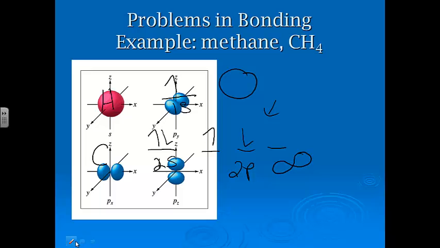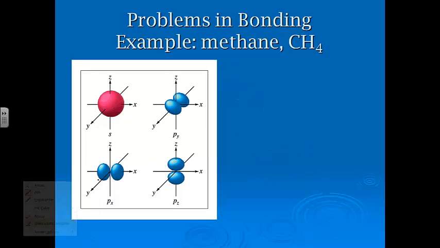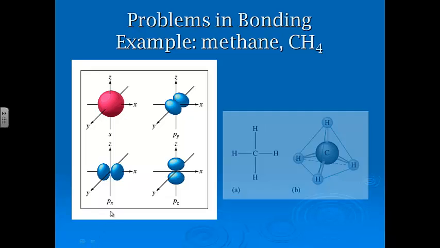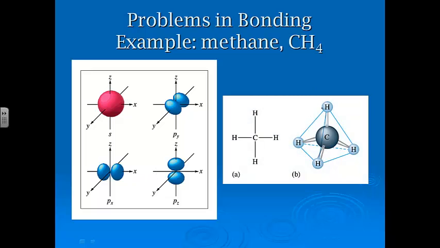Okay, so if I get rid of all my ink, here come the shapes. I have that spherical s and the 3 dumbbell shaped p's, but we know that somehow they all fuse together and we get these 3 equal bonds that are all 109.5 degrees away from each other.